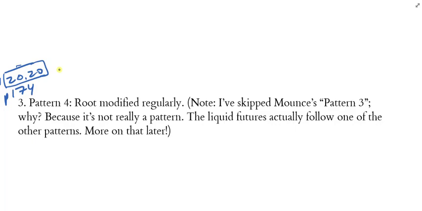In 2020, roots in this category are modified in regular ways. So we're going to have a verbal root. The verbal root is going to be modified to form the present stem, but that modification will be fairly regular. That is to say that there are consistent ways that the verbal root is modified in order to create these present patterns for particular kinds of verbs.